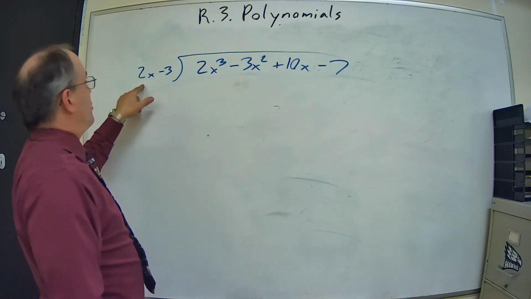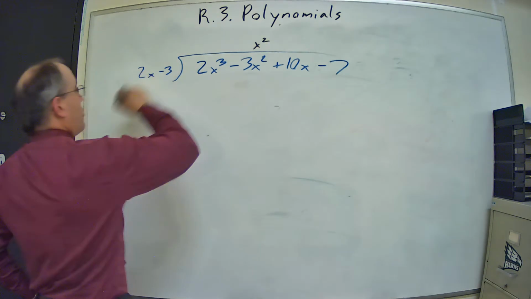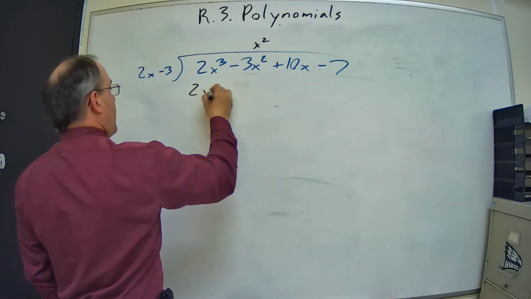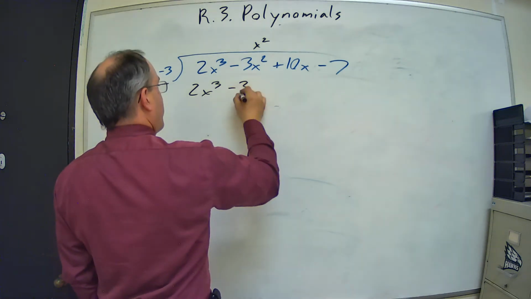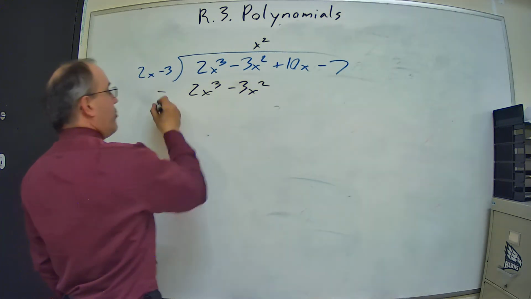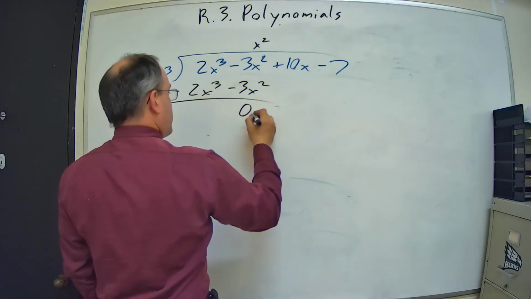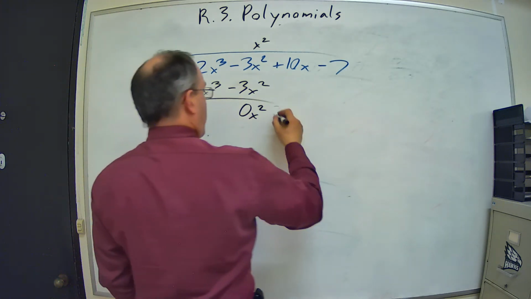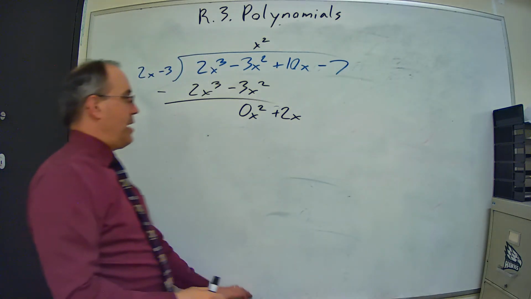How many times does 2x go into 2x cubed? It goes in x squared. X squared times 2x gives me 2x cubed. X squared times negative 3x gives me negative 3x squared. When we subtract, 0, so we get 0x squared. We bring down that plus 10x.